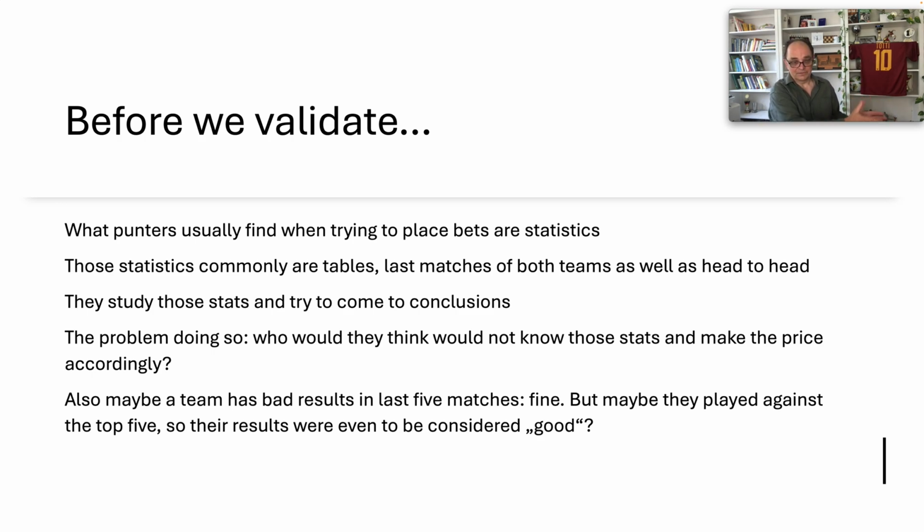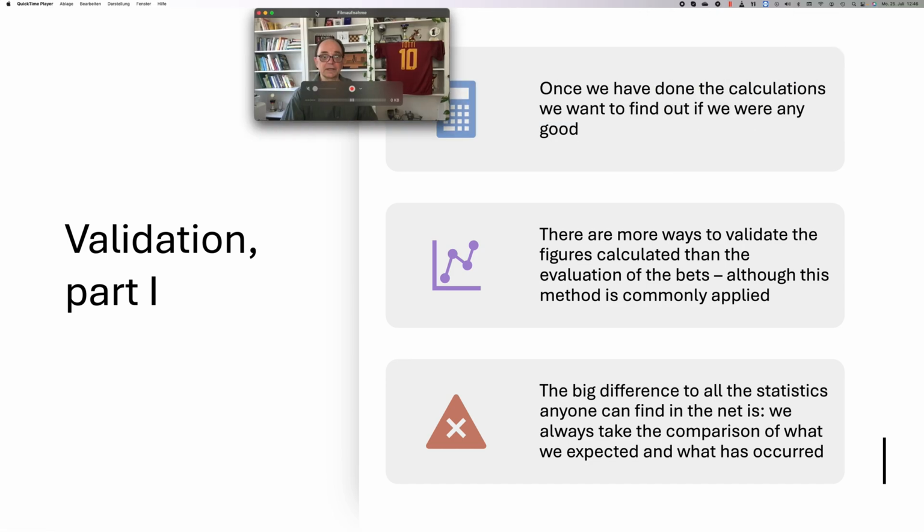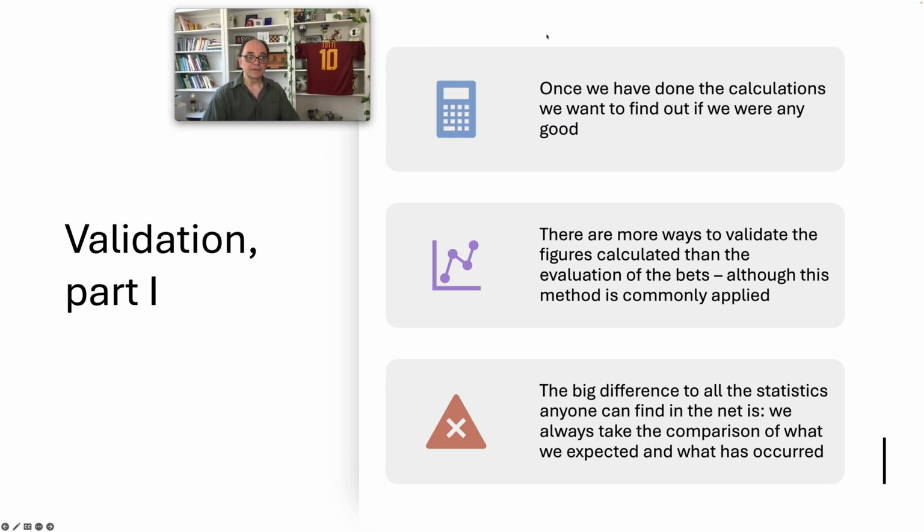So he's going to adjust the price. Also maybe a team has had bad results in the last 5 matches. Fine, but maybe they played against the top 5, so their results were even to be considered good. Maybe they had 1 win, 1 draw, 3 losses, and that was more than expected. That is important to note, and it's important to take care of.